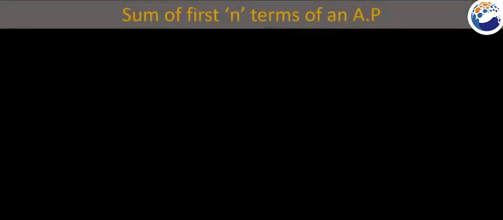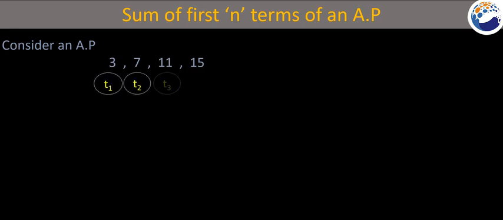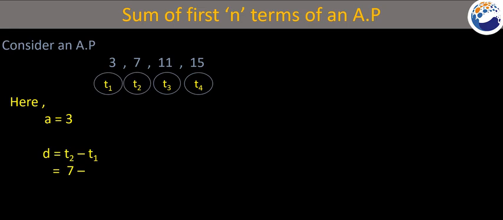Let us consider the last example. 3, 7, 11, 15. There are 4 terms T1, T2, T3 and T4. Here a is equal to 3, d is equal to T2 minus T1 is equal to 7 minus 3 is equal to 4. And n is equal to the number of terms, which is 4.